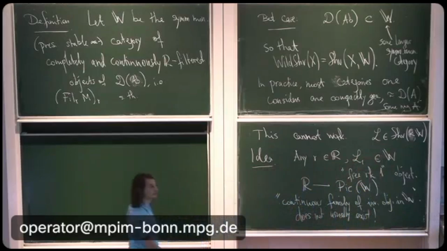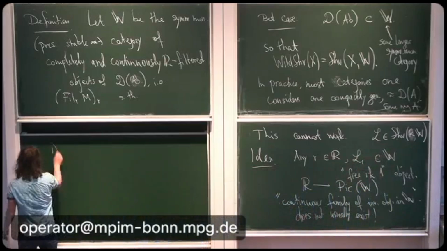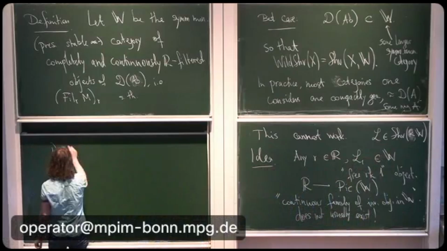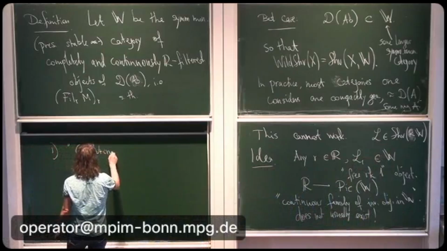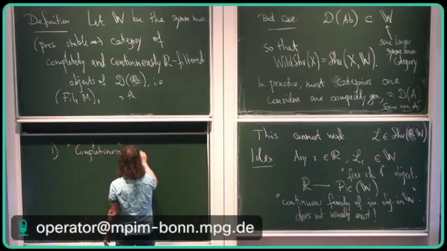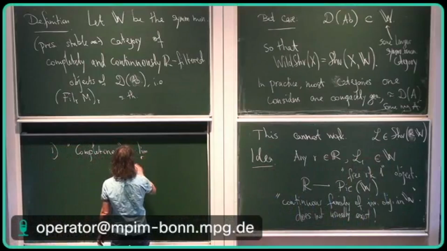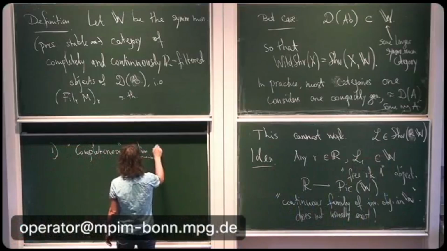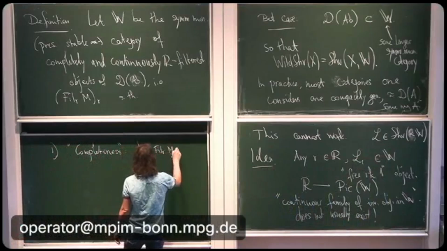it's on the one hand a continuous filtration, and complete. That's my first condition. In general, a filtration is complete if the intersection of all the filtration steps is 0.